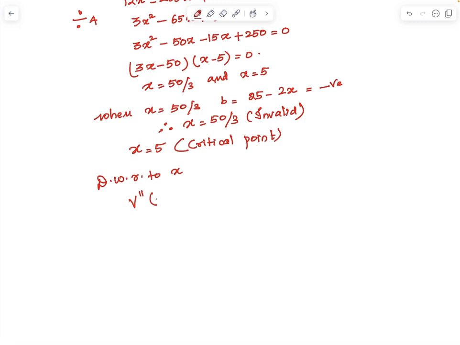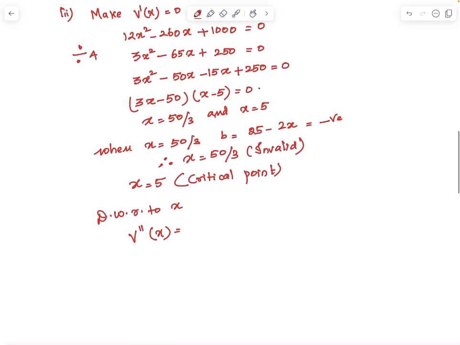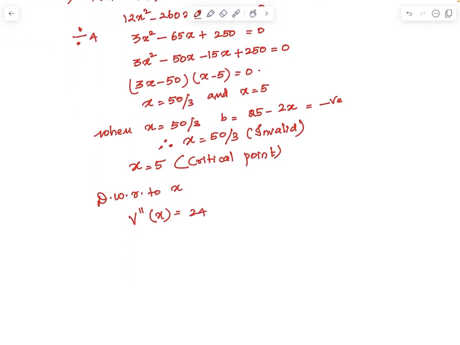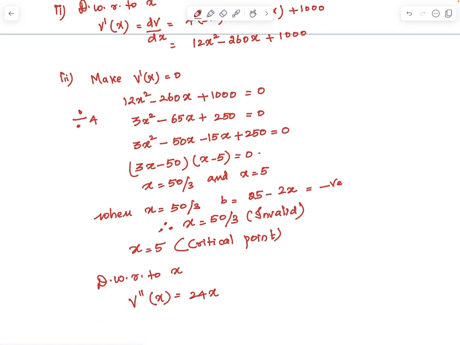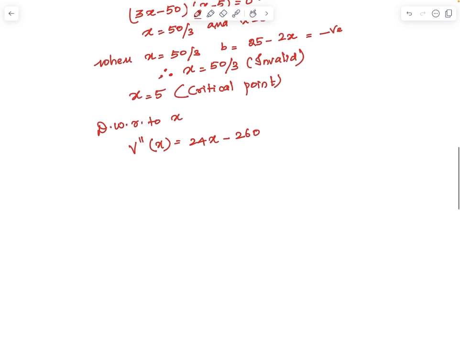So V double dash of x is equal to 24x minus 260. Then V double dash of x at this critical point, x is equal to 5: 24 times 5 minus 260, which is minus 140.